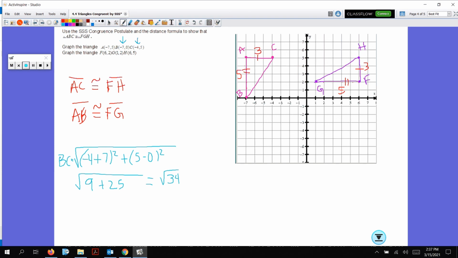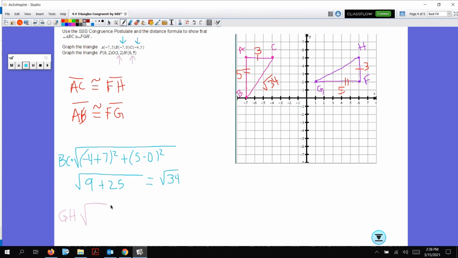If I try to simplify that, 34 is 2 times 17, so it really doesn't break down. So BC is the square root of 34. That's how long it is. So we need GH to be the same length. So let's do GH here. Now I'm using G and H, these ordered pairs, right?